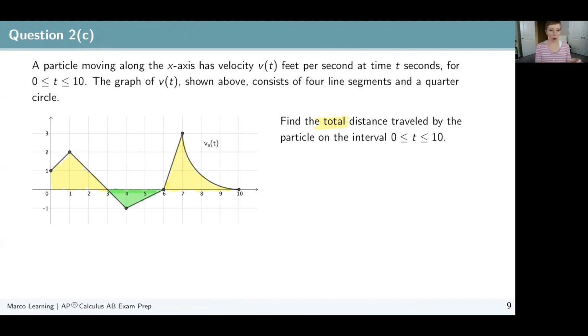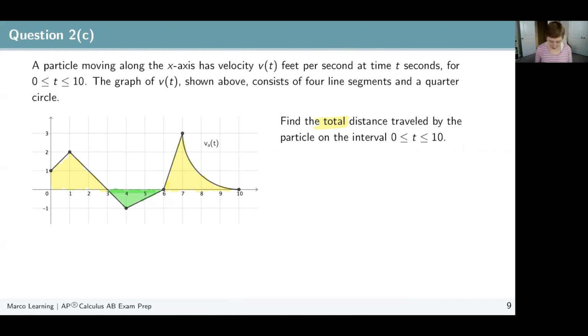So we want the total distance for the time it was moving to the right, and we want the absolute value of the distance when it was moving to the left, and then we just add up all of those absolute values. We don't have an equation to integrate, but we know that we can find the value of the definite integral by finding the area under that velocity curve.